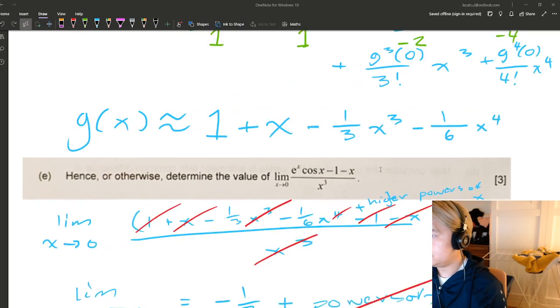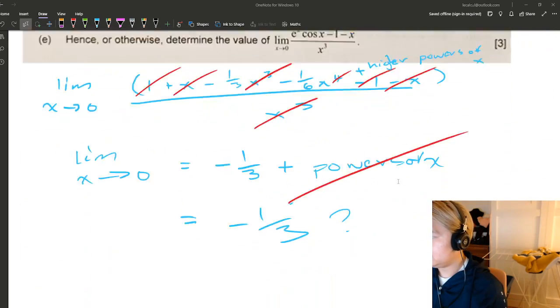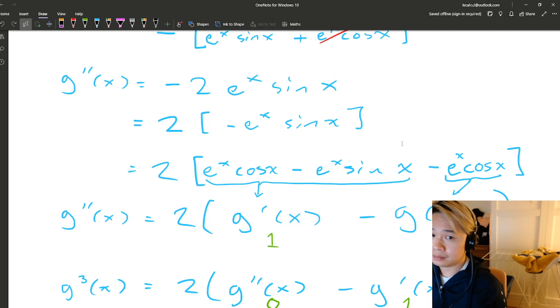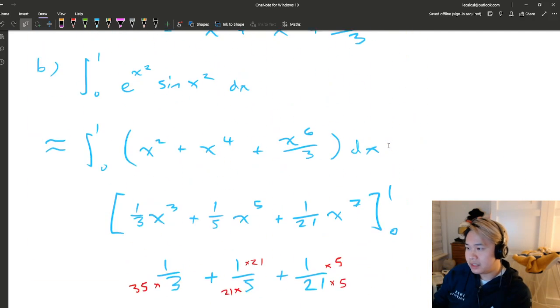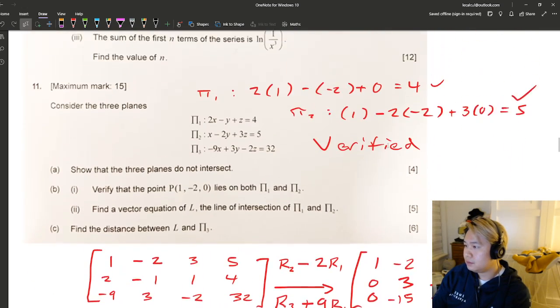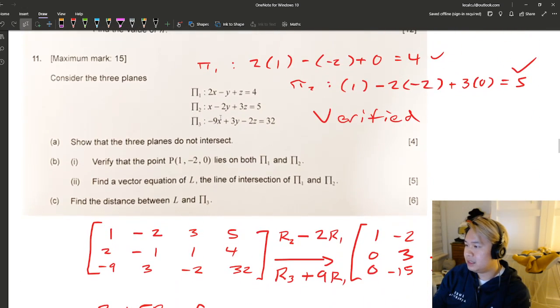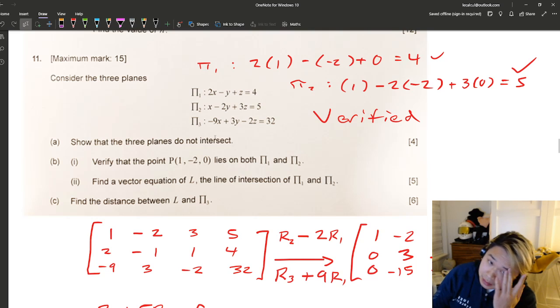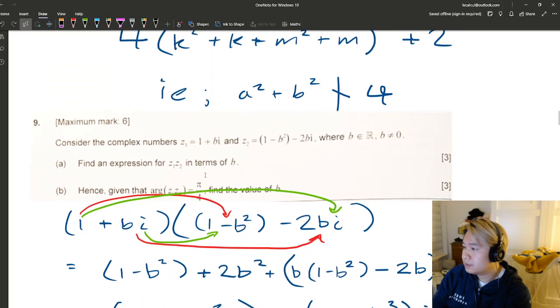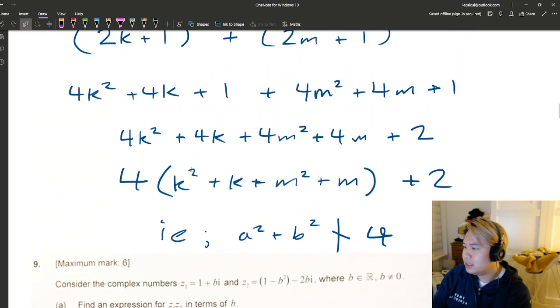So not bad. Honestly, I think that this was a pretty straightforward HL paper. However, the SL questions were not quite as straightforward. Like, for example, this plane question, there was something very similar in November's paper earlier. This one's pretty straightforward.